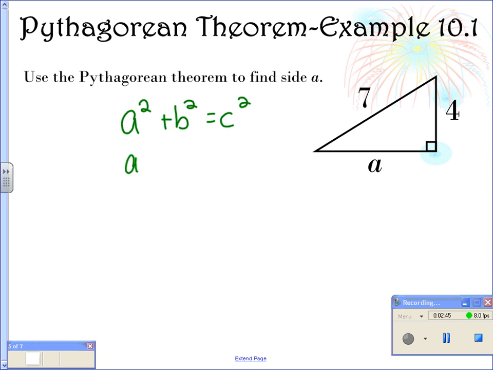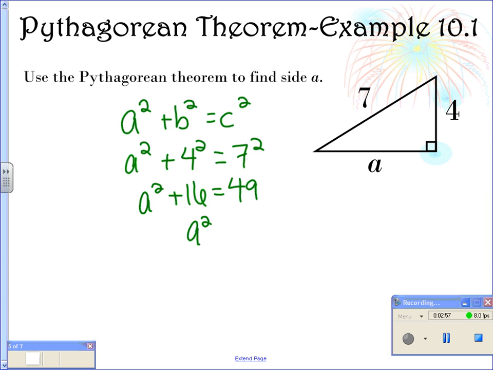A, okay. What would you let be your B? And your C? All right, so we have A squared plus 16 equals, so A squared would equal, A would be the square root of 33. Y'all see how that works? Yeah, leave that as your answer.